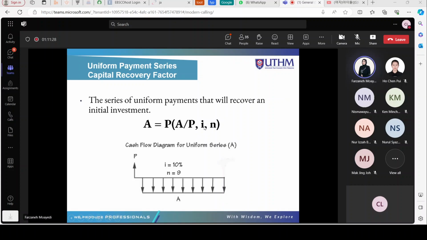So the same concept, I is the interest, N is the year, how you write the notation is exactly the same. So if you have noticed so far, the only things actually changing are these values. And this one is always like this one, and this one is always like this one.